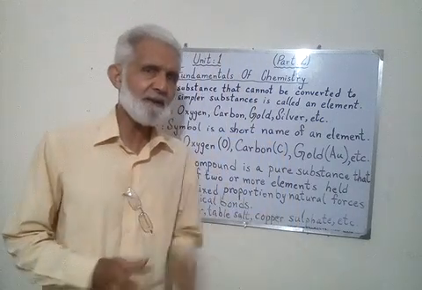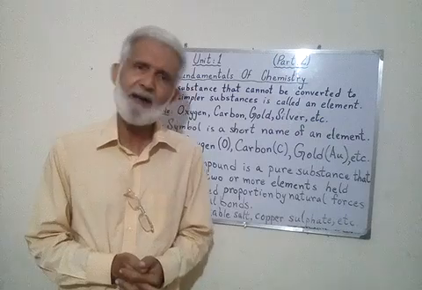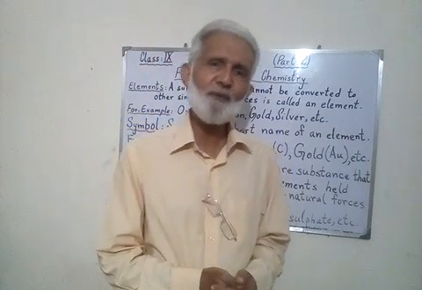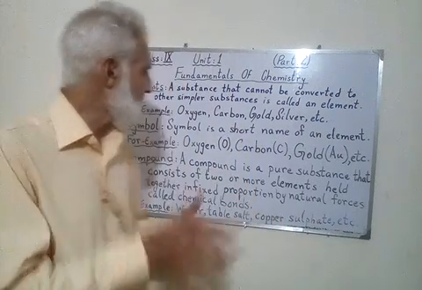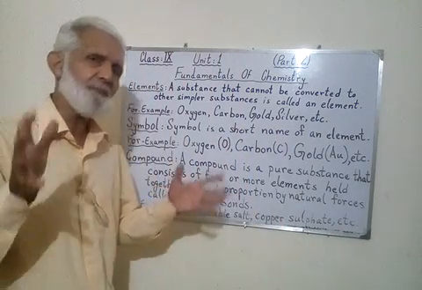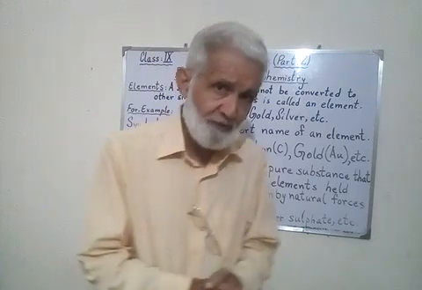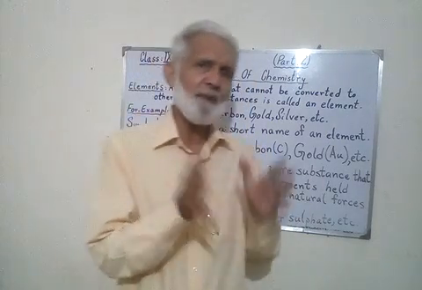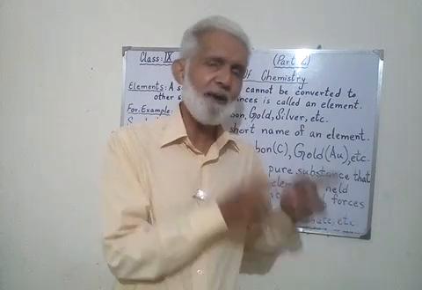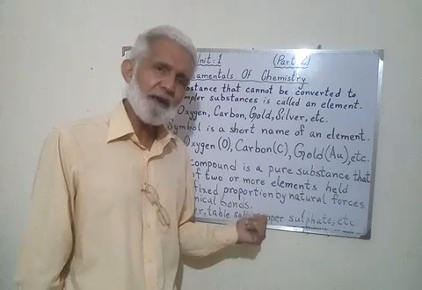Later we will study ionic bonding and covalent bonding. With the help of these natural bondings, 2 or more elements combine together, but in fixed proportions. When 2 or more elements combine by natural combining forces, those are called chemical bonds.